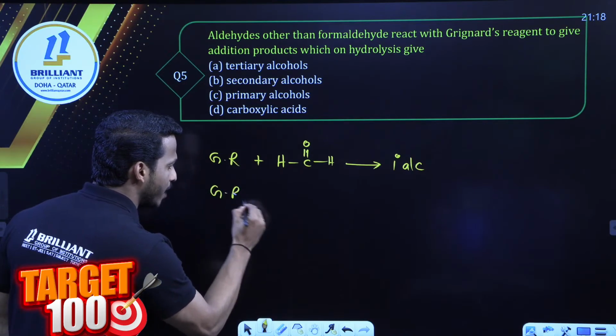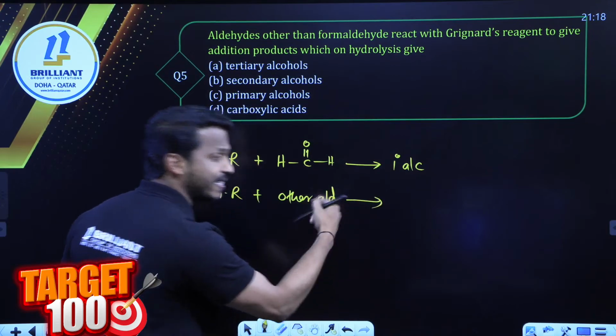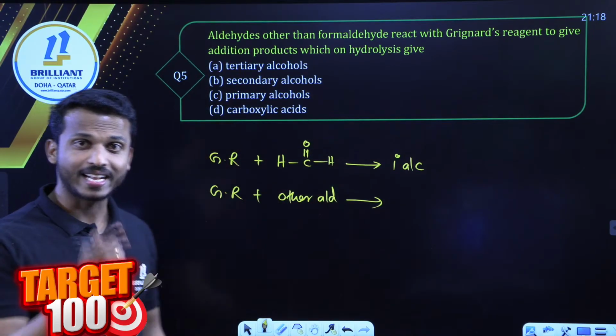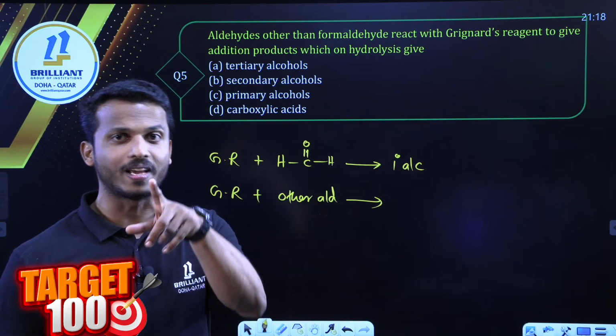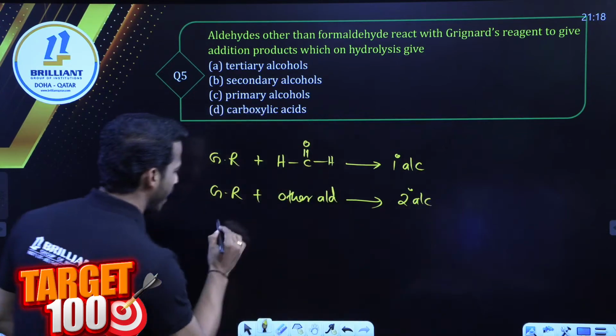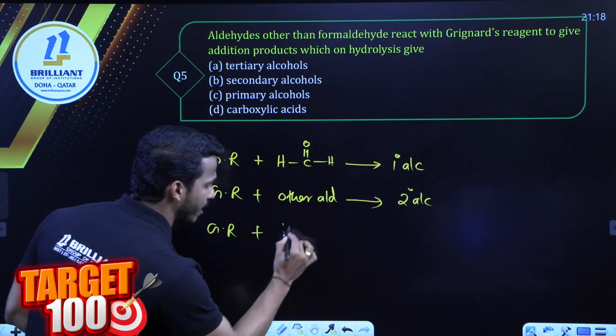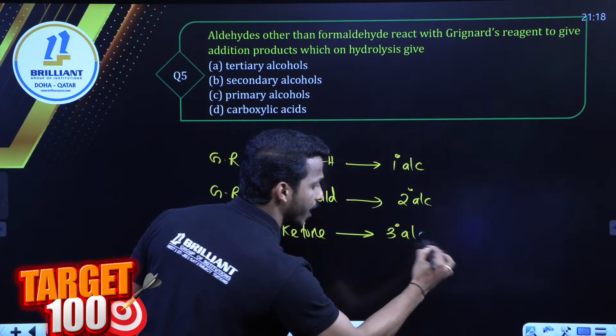Any Grignard reagent, when you treat it with other aldehydes, other aldehyde meaning except methanal, like ethanal, propanal, butanal, you will always get secondary alcohol. And Grignard reagent, when you treat it with any ketone, you will always get tertiary alcohol.